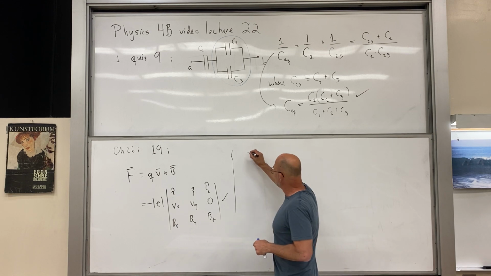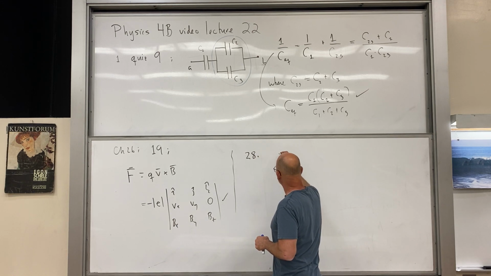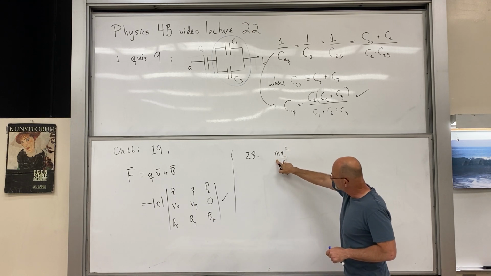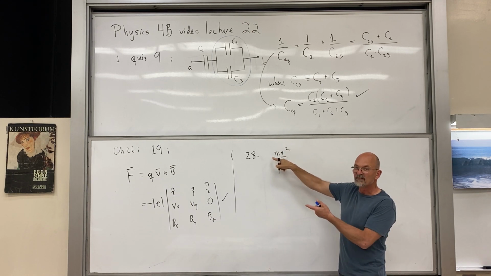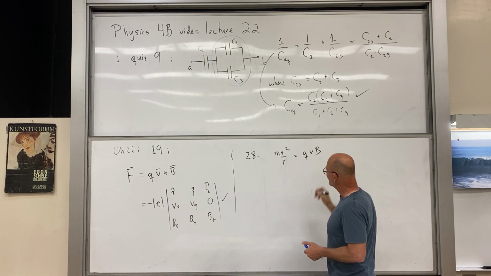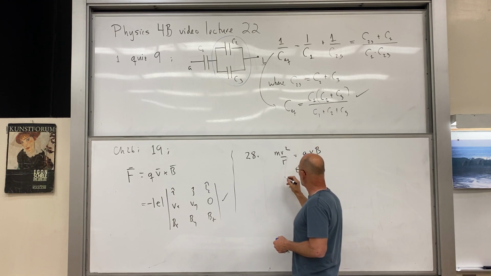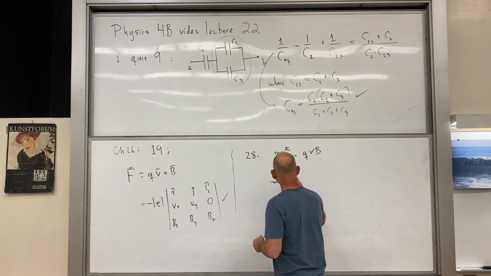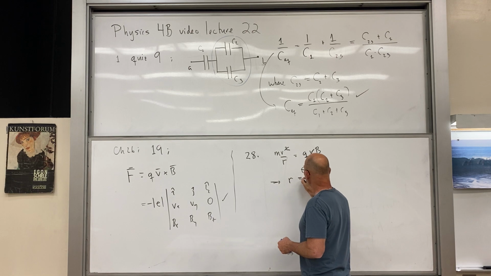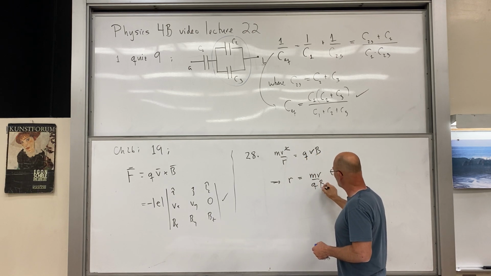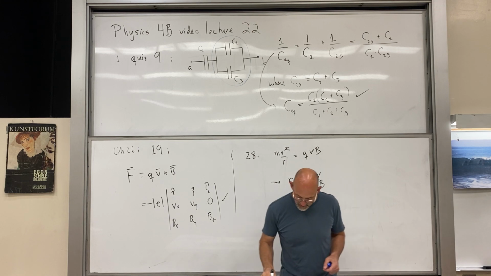And under those circumstances, we have mv squared over r, so mass times centripetal acceleration, that's the force, is equal to qvB. And if we want to solve for r, we just strike one of the velocities here, and then we have r is equal to mv divided by q times B.